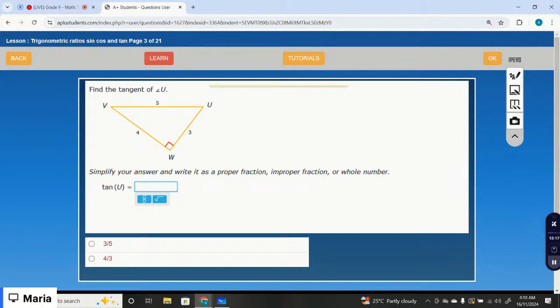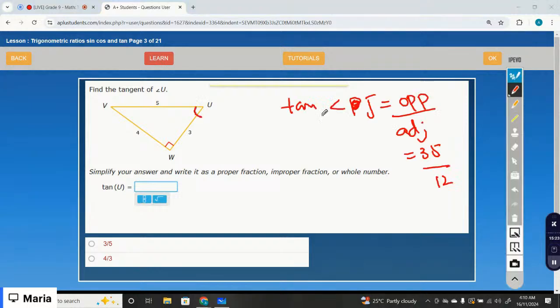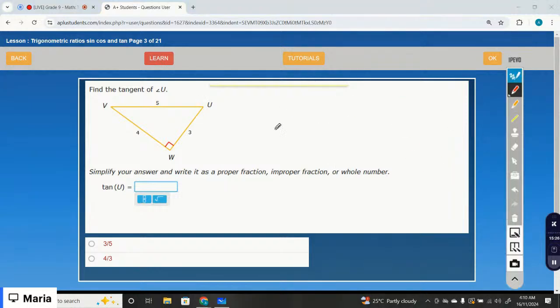Find the tangent of angle U. So tangent of angle U is opposite divided by adjacent. So which is the correct option?